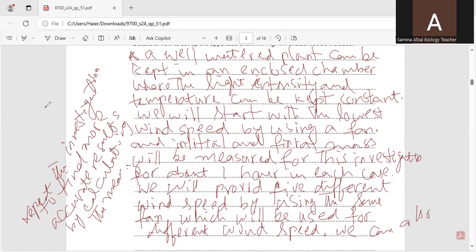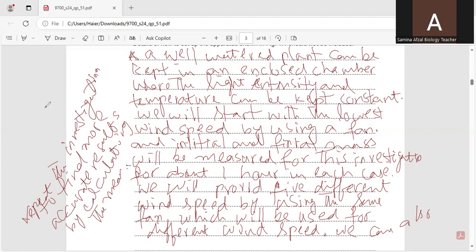And there should be some safety precautions. In every case we will make use of gloves, and we will wear the lab coat. In this way we can avoid problems to our skin, because we are using the soil as well.